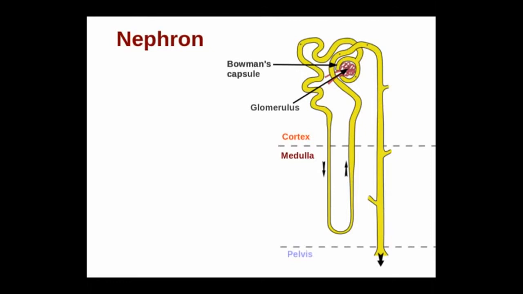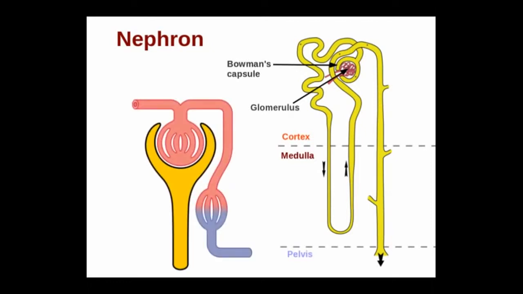Now, here's a diagrammatic representation of the Bowman's capsule and the glomerulus. And you can imagine blood entering one end of this blood vessel, wending its way through the capillary bed, and eventually out into the renal vein.